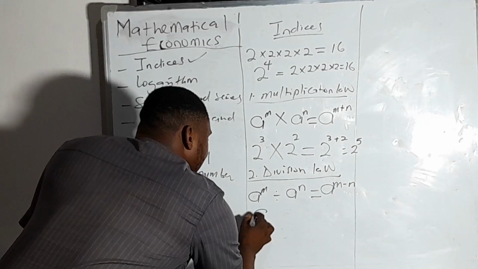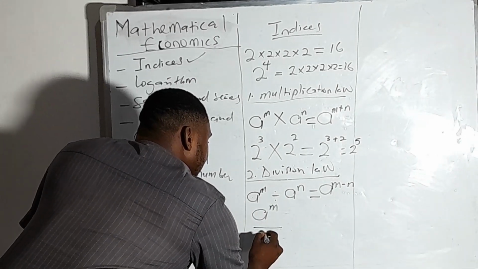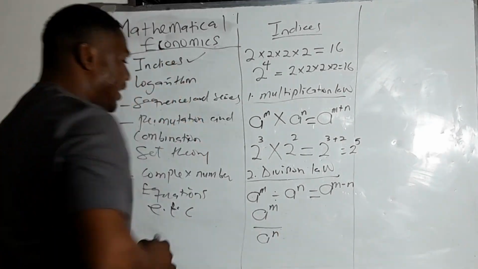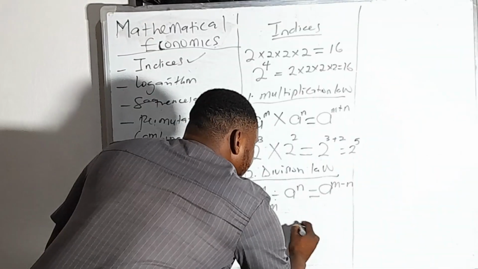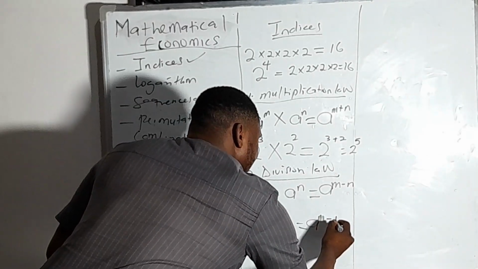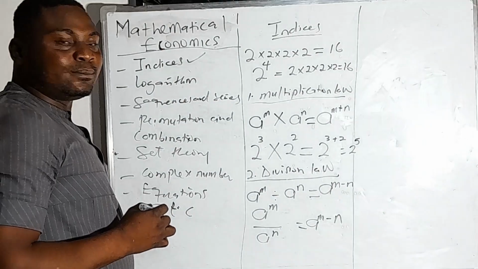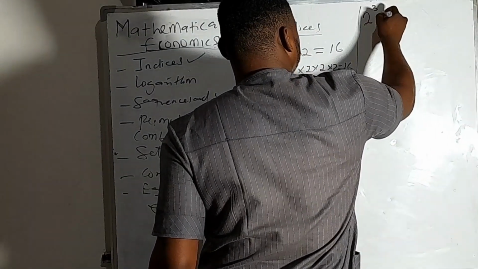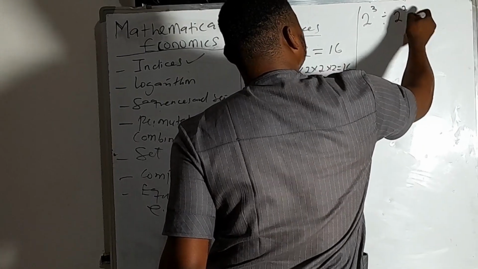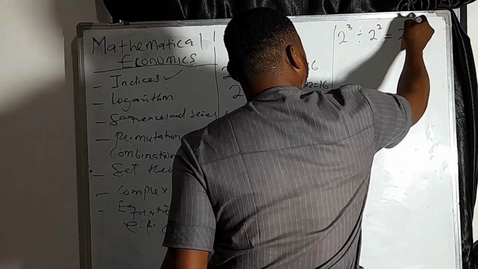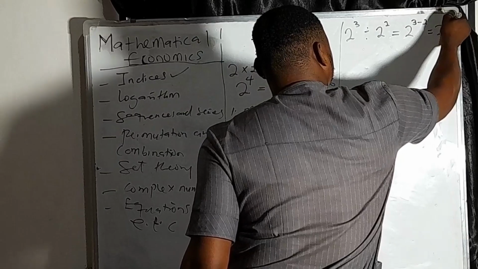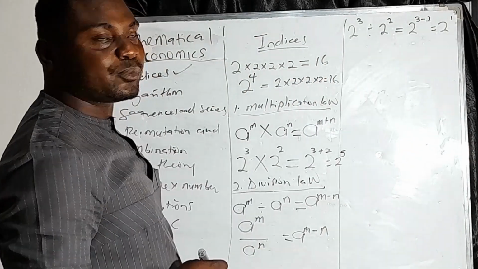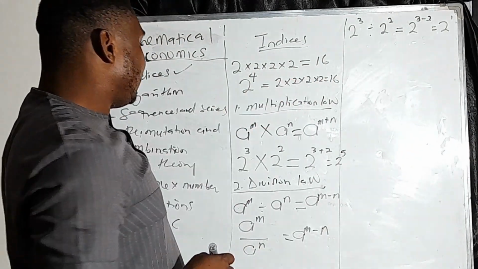Numerically, you have 2 raised to power 3 divided by 2 raised to power 2, and that gives 2 raised to power 3 minus 2, which is 2 raised to power 1. That's the division law.